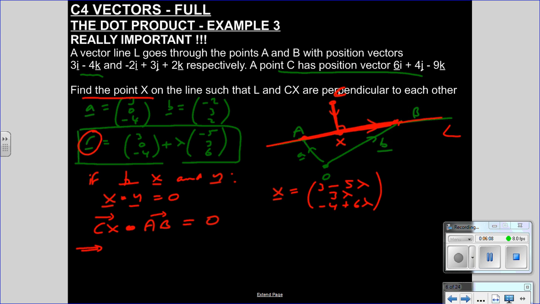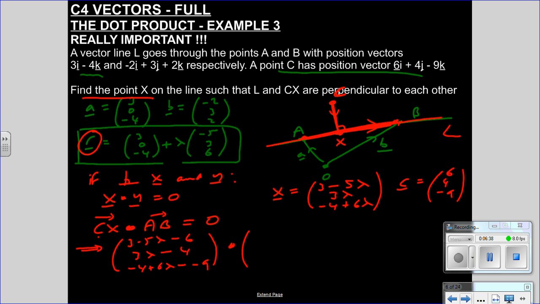We don't know what it is, but lambda could be anything, and X will be a specific value of lambda. We know C is 6, 4, minus 9, and therefore we know what C to X is, don't we? C to X, last thing minus first thing. So I've got 3 minus 5 lambda, 3 lambda, minus 4 plus 6 lambda, and now take away our C. So take 6, take 4, take away minus 9. Dot A to B. We already know A to B is the direction vector.